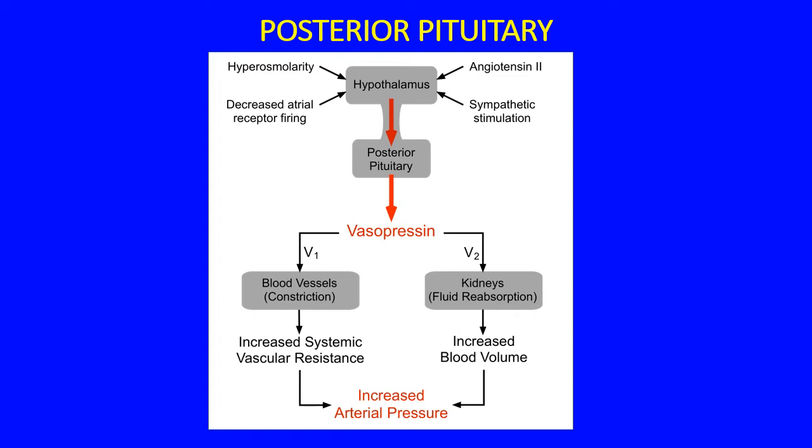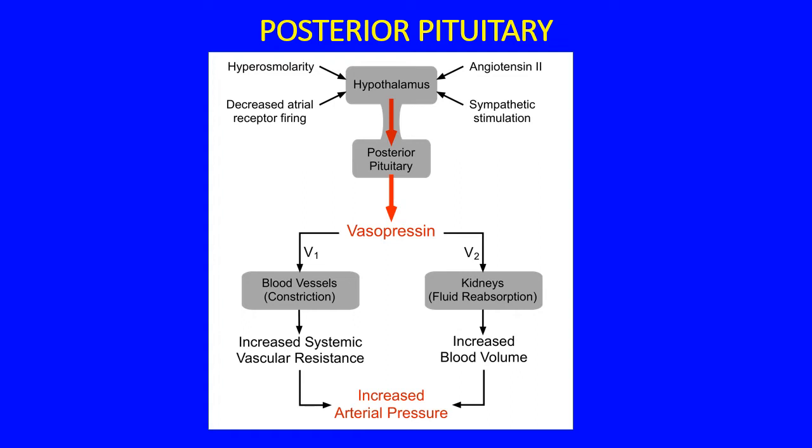When you say decreased atrial receptor firing, well, in the atrium you have a hormone, which we'll discuss probably later on at the end of the course, atrial natriuretic factor, which actually does the opposite. It enhances water excretion and sodium excretion. But all of these plus sympathetic stimulation will act on the hypothalamus, which will cause the posterior pituitary to release vasopressin.